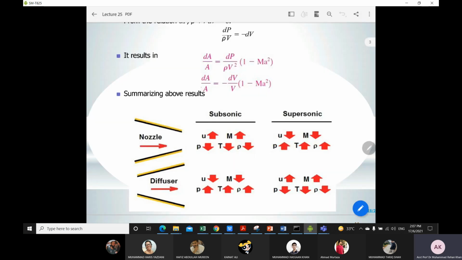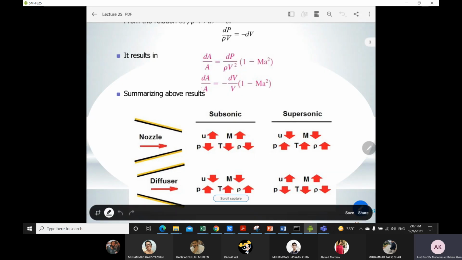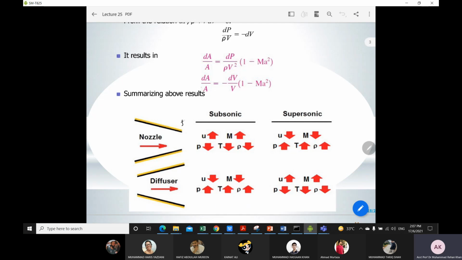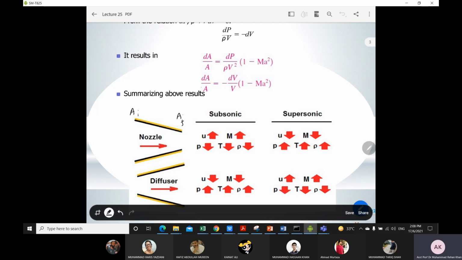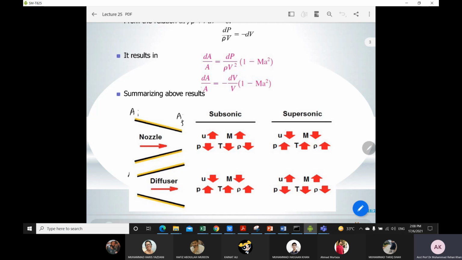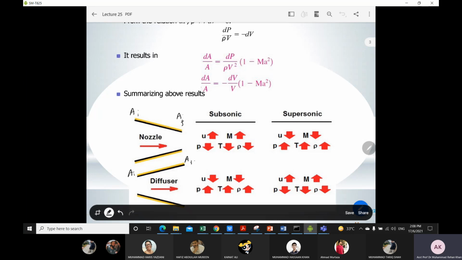I hope you already know what is the difference between nozzle and diffuser. So in the nozzle, our final area is small in comparison to the inlet area, or you can say the outlet area is small in comparison to the inlet area, and in the diffuser our inlet area is small in comparison to the final. So the outlet is bigger in comparison to the inlet in the diffuser section.